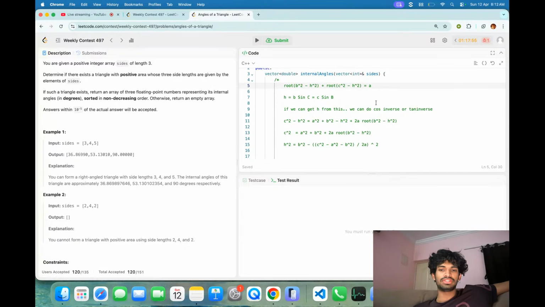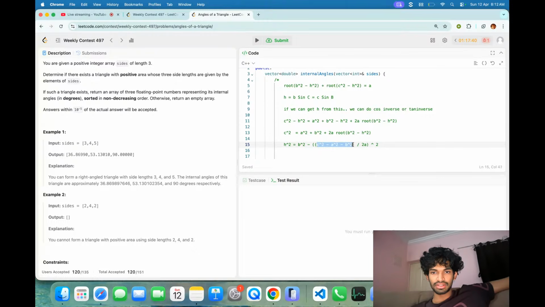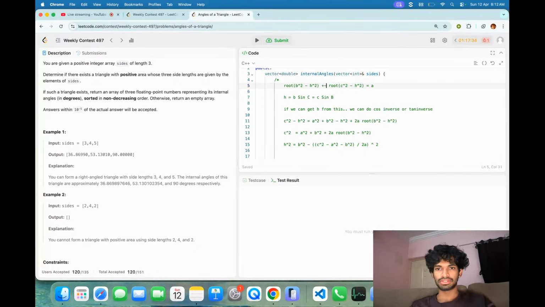I don't know how things change then. But we can find obtuse or acute based on c square minus a square minus b square, right? With this value itself. Let's just keep plus or minus here and see what happens, okay?